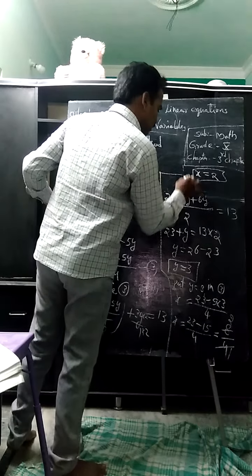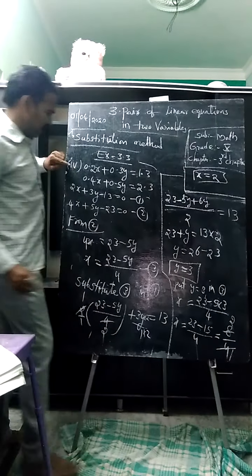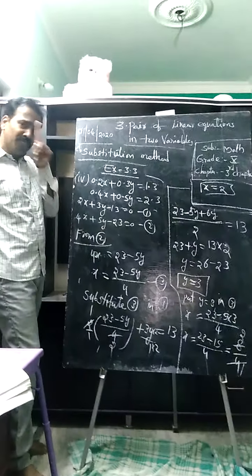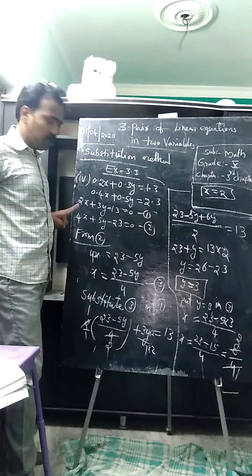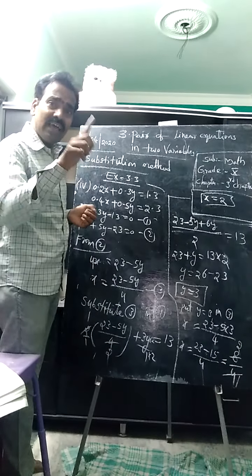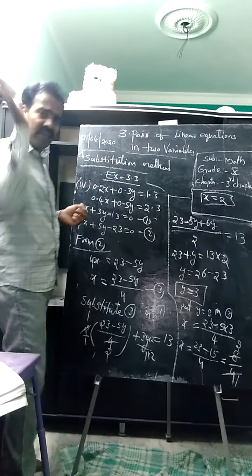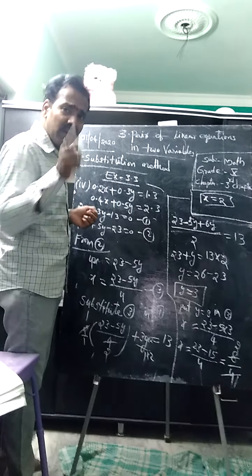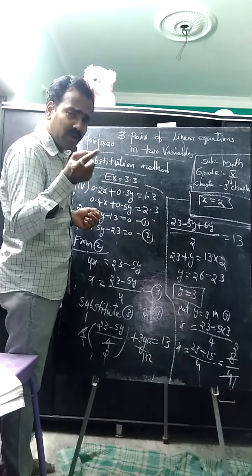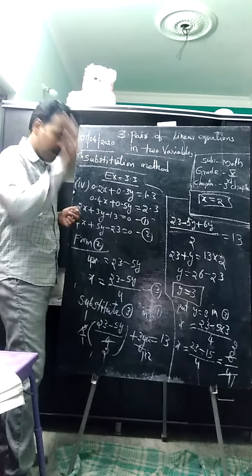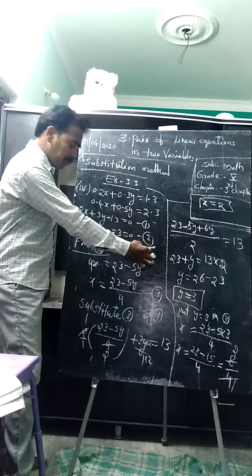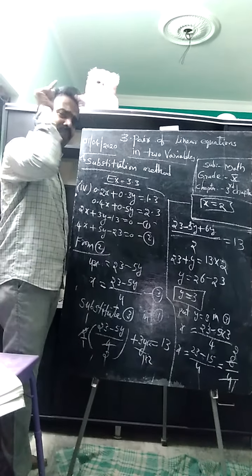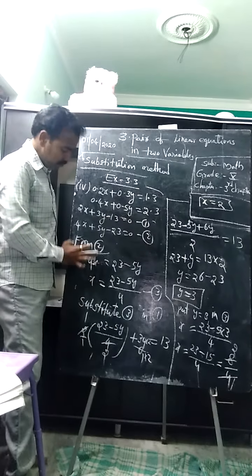Please students, see here. First step, write decimal form as fraction form. Then we got two equations. Check whether they have a unique solution or not. Yes, they have. The condition is applicable, a1 by a2 is not equal to b1 by b2. So the substitution method is applicable. In the previous problem from 1 we got the third equation, but here I did from 2.